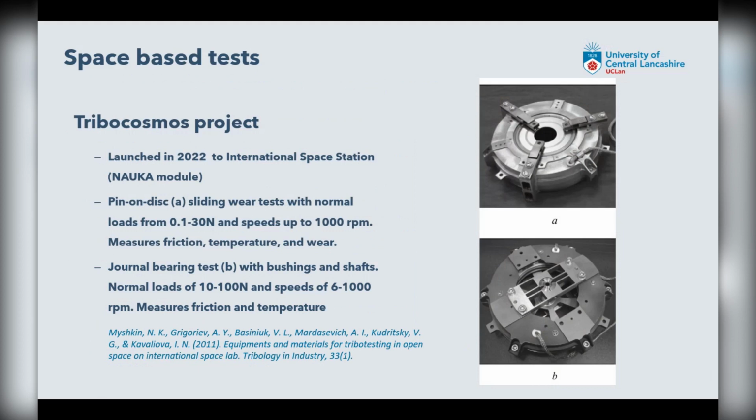There's a research paper saying that it was launched, but after that I can't find any information or results from this tribological setup. According to their 2010 paper, it contains a journal bearing test and a pin-on-disk as well. What is inside, I don't know, because this is the only picture they have published, and there is very little information about this. So if you know anything about this test or these researchers, please tell me.